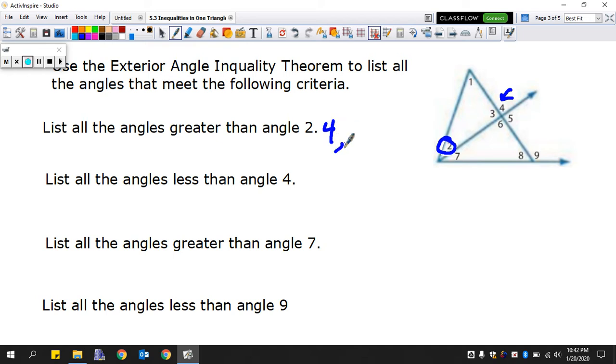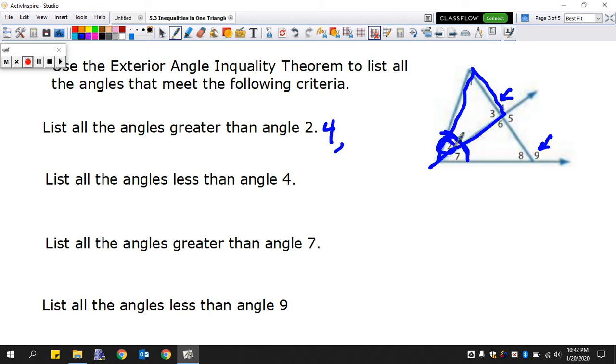Angle 4 is bigger. If we're talking about the small triangle, 4 is the exterior angle there. If we're talking about the big triangle, 9 is an exterior angle, bigger than the combination of 2 and 7.